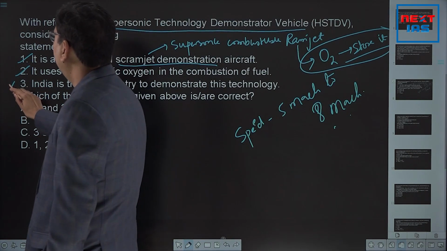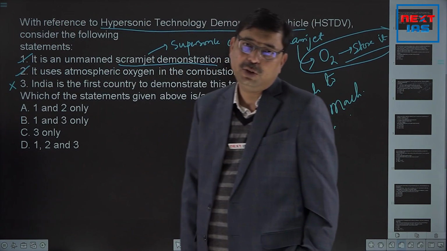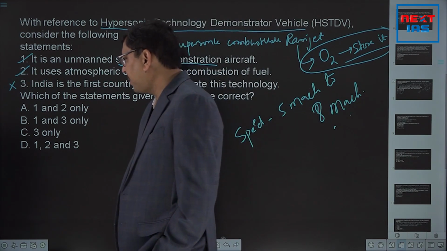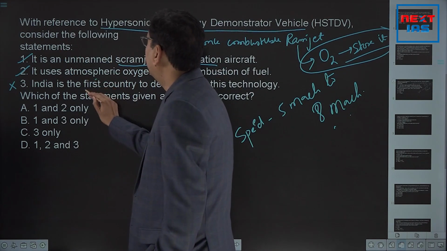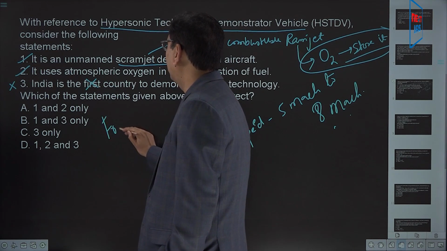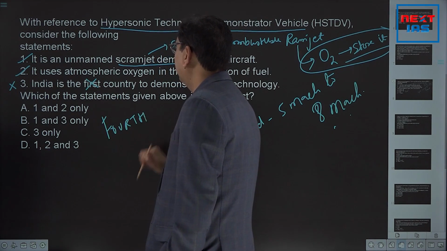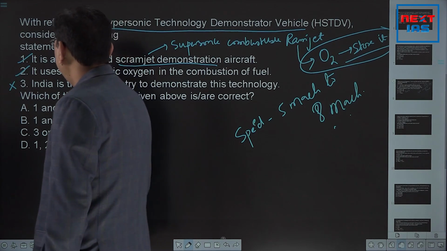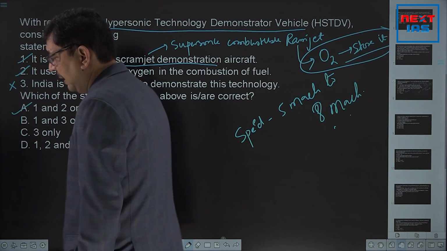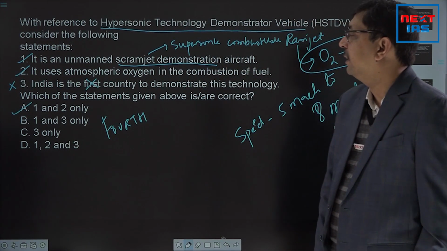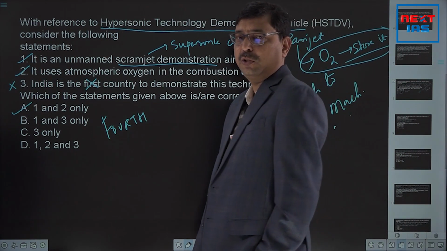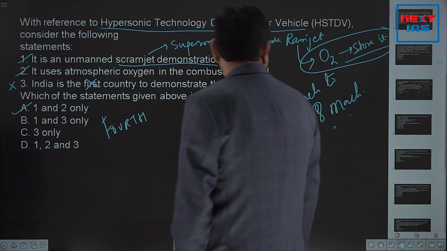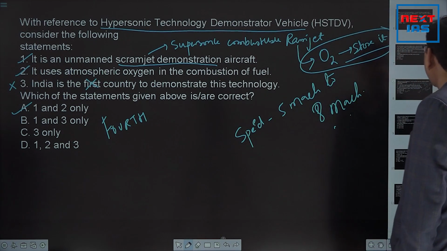No, India is the fourth country after US, Russia and China. India is not first, we are fourth to have this. So statement 3 is incorrect, answer is A, that is 1 and 2. Hypersonic technology demonstrator vehicle.